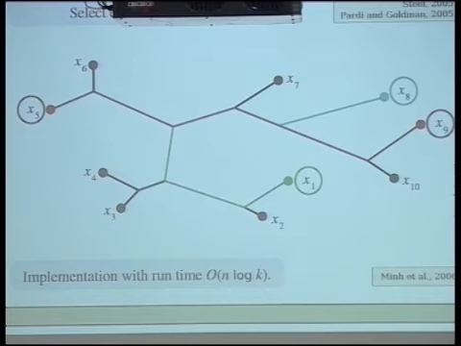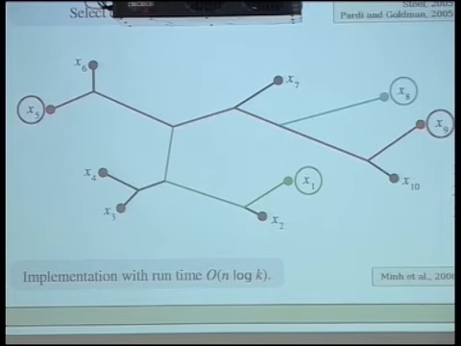And he already mentioned that the simple greedy strategy would work. If you want to select, say, 4 elements, you start with the 2 which are furthest apart in the tree, which in this case are x5 and x9, and then you select the next one, the green circled one, which is x1.